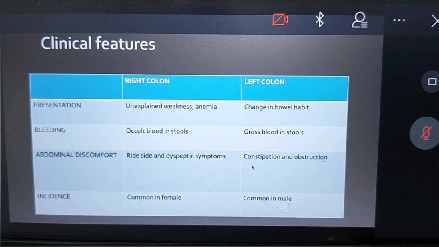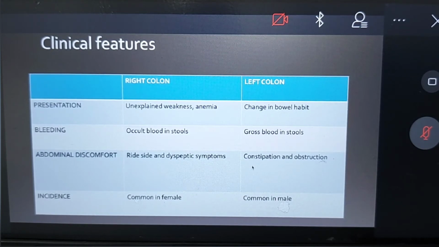In right colon, there is occult blood in stool. If the left colon, there's gross blood in stool. And for abdominal discomfort, right colon has right-sided pain and also dyspeptic symptoms. And left colon, usually the patient will be associated with constipation and also obstruction.